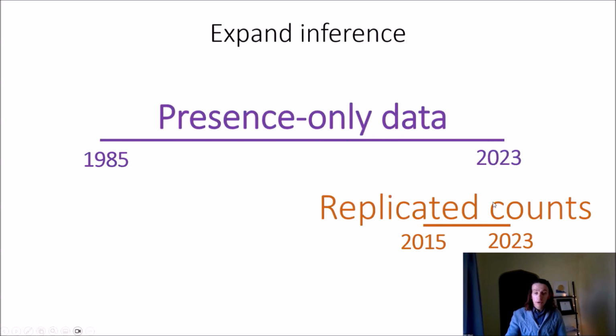You have these replicated counts, but for a shorter time span. Well, theoretically, you could specify an integrated model that combines these data sets, and you, in essence, sort of inoculate your longer term data with some detection information from your shorter term count data. And with that, you're maybe able to expand your inference and estimate quantities like abundance for this whole time series.